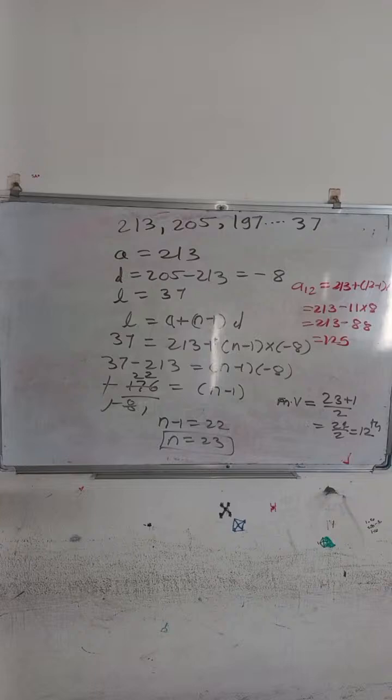Okay, so here the question is: for what value of n are the nth terms of the two APs, 63, 65, 67 and so on, and 3, 10, 17 and so on, equal?